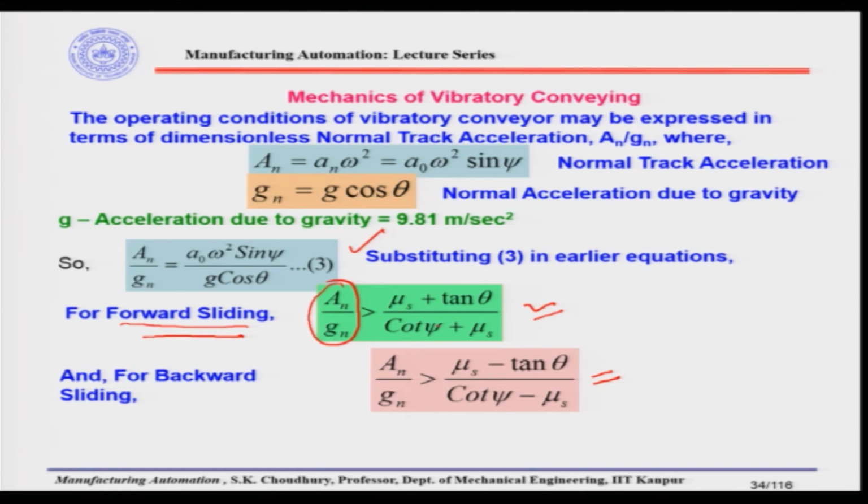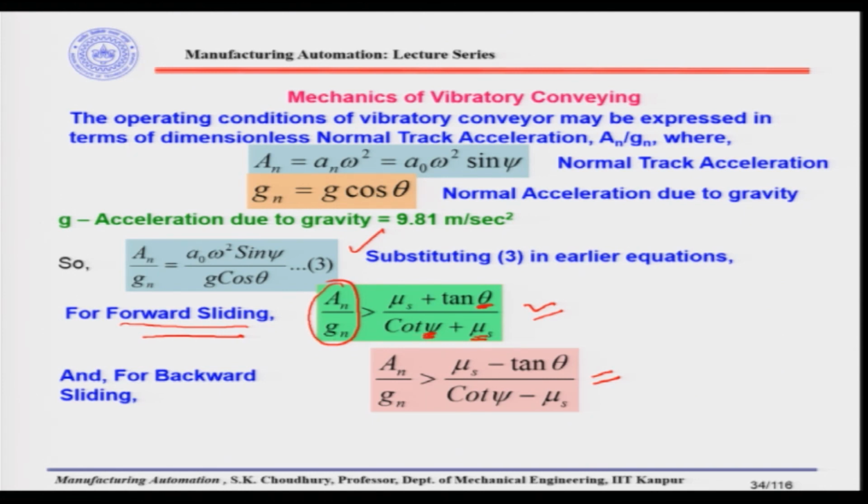Now, here one condition you can see that apart from the mu s, which is the static coefficient of friction between the track and the part, we have two more angles which are important. One is the track inclination angle, which is theta, and another is the vibration angle.